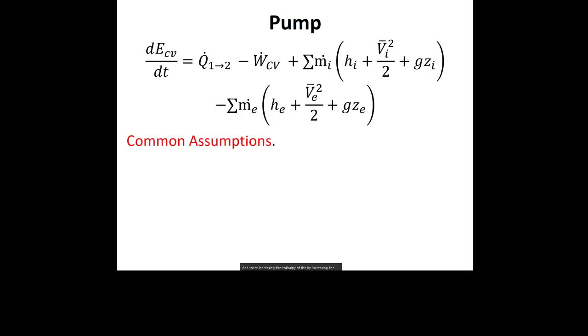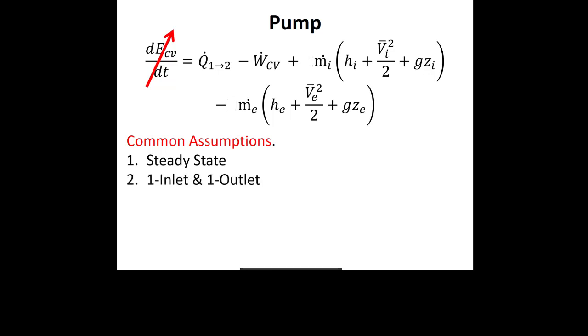So we look at the pump. When we start with the same first law, we're going to say that it's steady state. We're going to say that it's one inlet and one outlet, at least usually. We're going to say that it's adiabatic, right? Or that the heat transfer is negligible compared to the power.